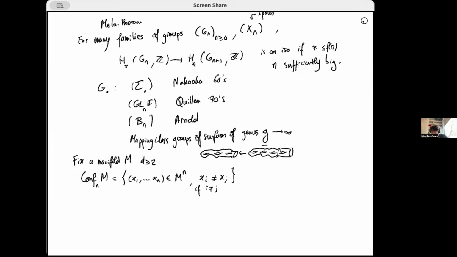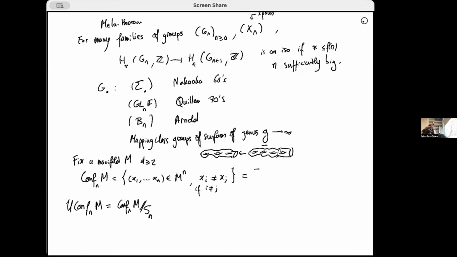So x_i is different from x_j if i is different from j. This is called the ordered configuration space because each of these points has a label in 1 to n, and I can make the symmetric group act on this and obtain the unordered configuration space, where I quotient by S_n. This is also the homotopy quotient because the action is free.